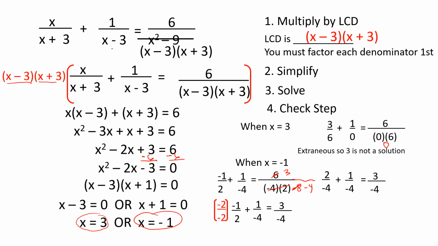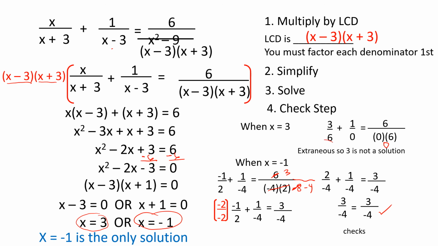And 2 plus 1, now we can add those because they have a common denominator, and we end up with 3 divided by negative 4 equals 3 divided by negative 4, right? So this checks, it works. So at that point, you're going to say x equals negative 1 is the only solution.